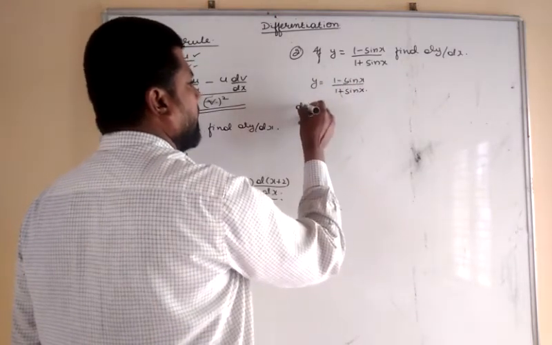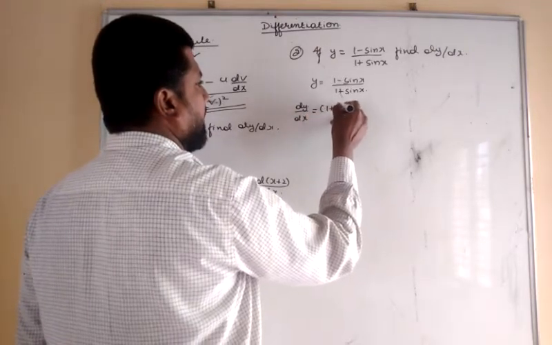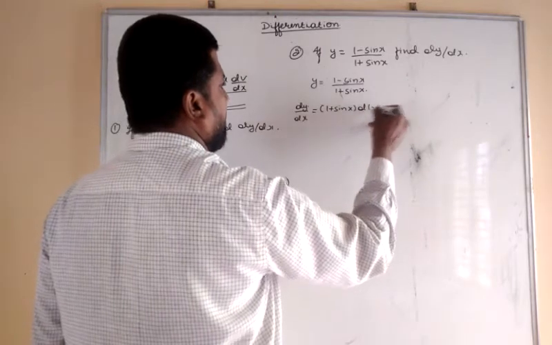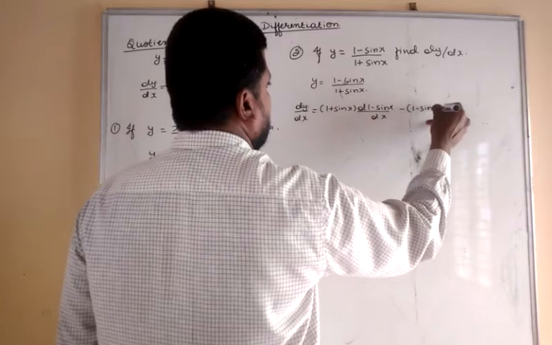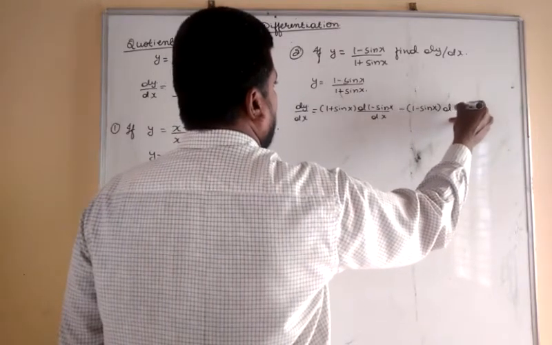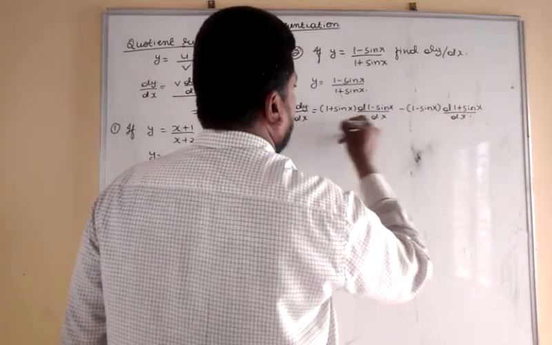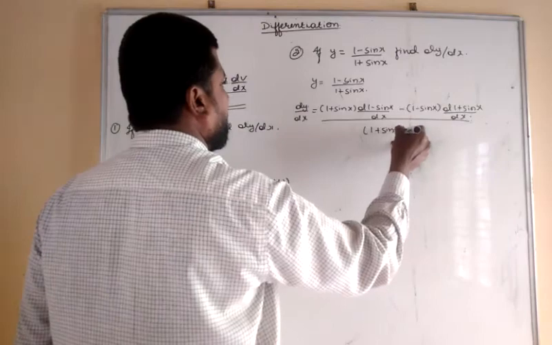Let us apply the formula. Differentiation of y with respect to x is equal to denominator into differentiation of numerator, minus 1 minus sin x into differentiation of 1 plus sin x, by denominator whole square. This is the formula we should apply.